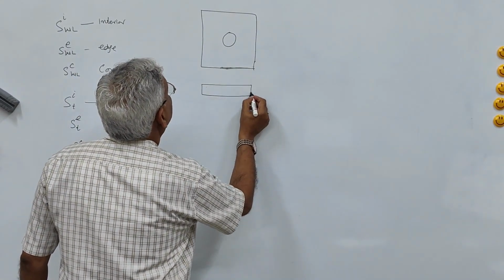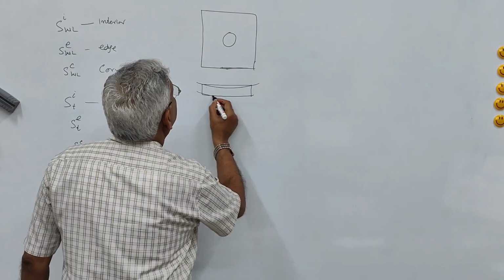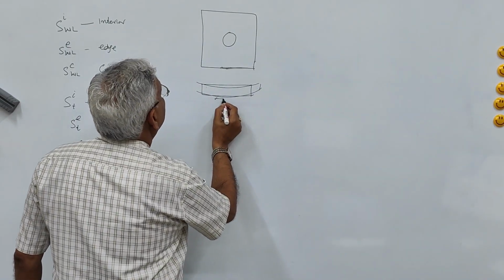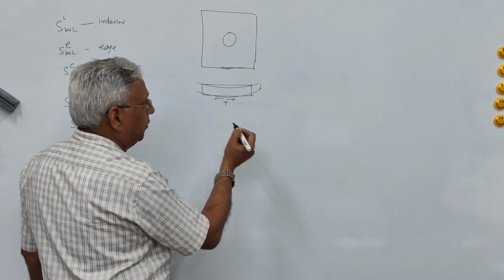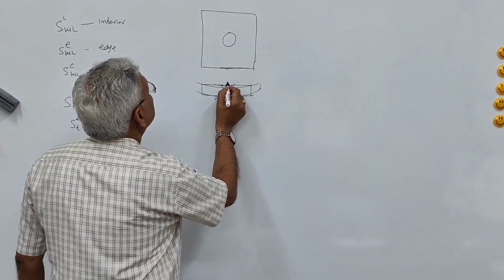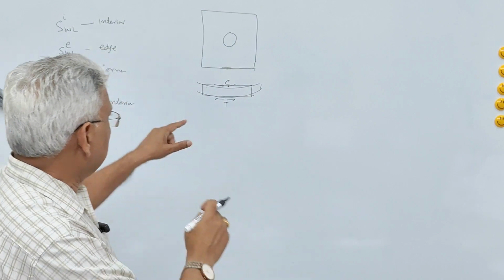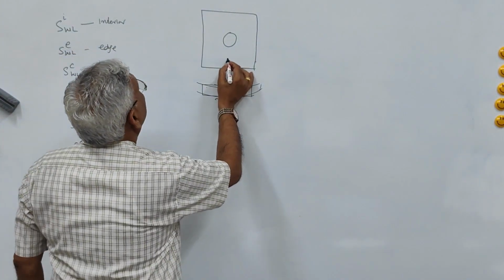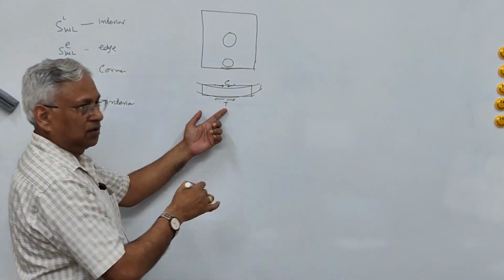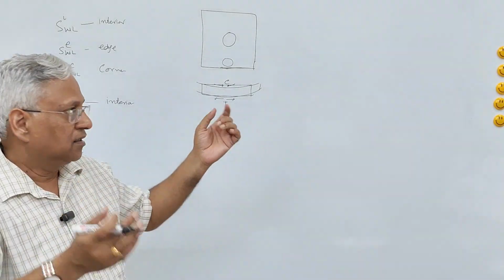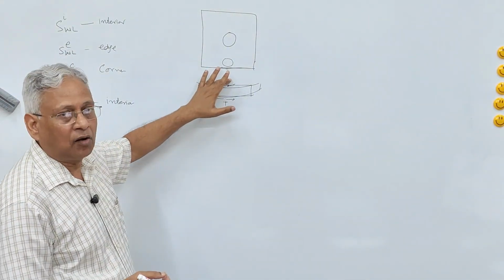In the slab, it will bend like this. And because of this, tensile force will be developed at the bottom and compressive force at the top surface of the slab. Similarly, when the load is applied at edge, the same situation. It will bend like this and tension will be at the bottom and compression at the top.